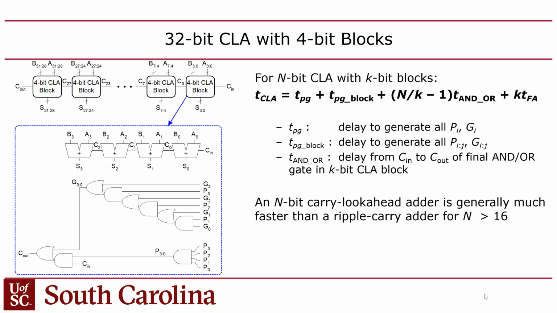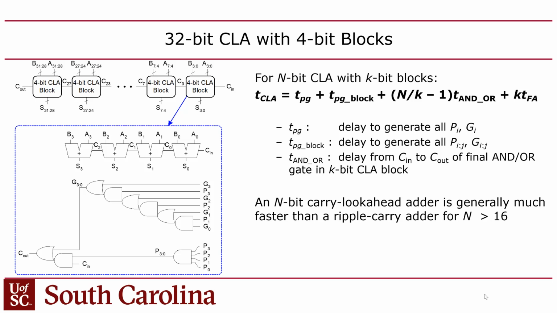But after you have that, then you go through this circuit. And the thing about this circuit is it takes the C in from the previous block. Okay, so I have to basically do this stuff. I can do this stuff in parallel, right? Which means I only pay for it once here. There's no multiplier in front of these. I only do it once because they're in parallel.